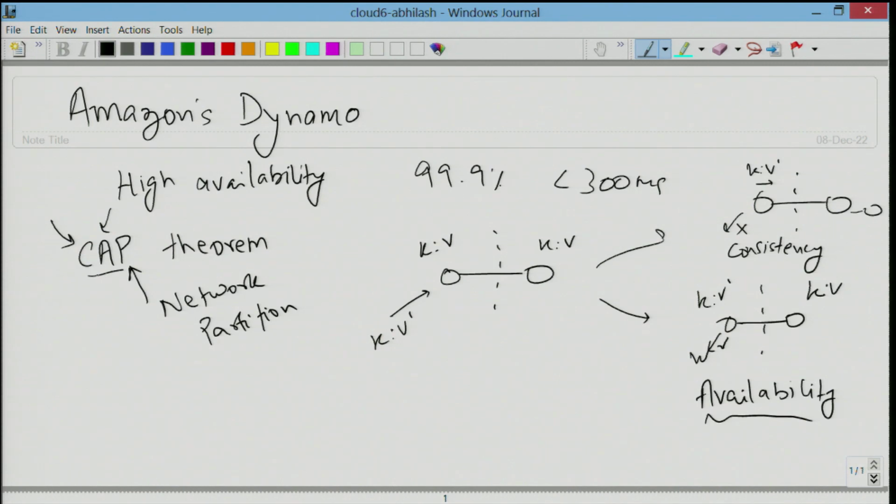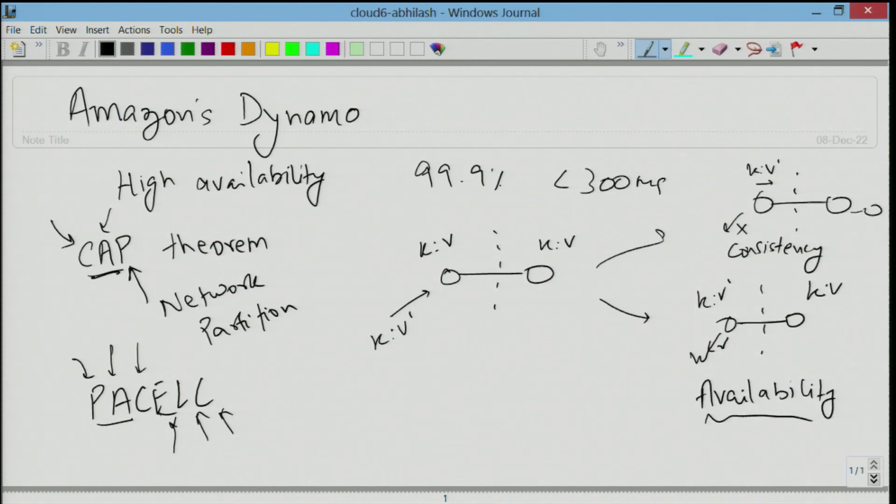There has been an extension to the CAP theorem called the PACELC theorem. The first three letters are the same. What this says is, at the time of partition, you can either choose availability or consistency, or else, meaning there is no partition, you can either choose consistency or low latency.